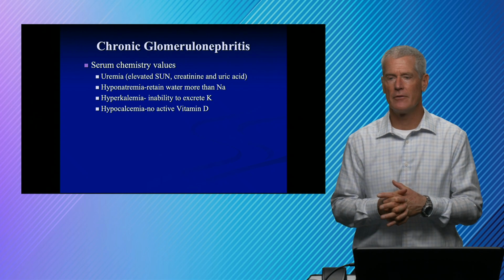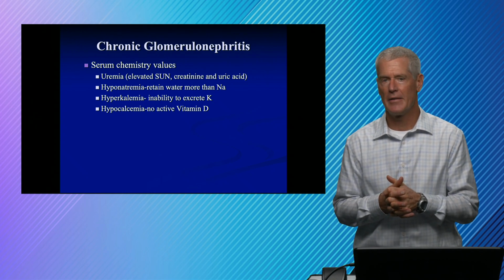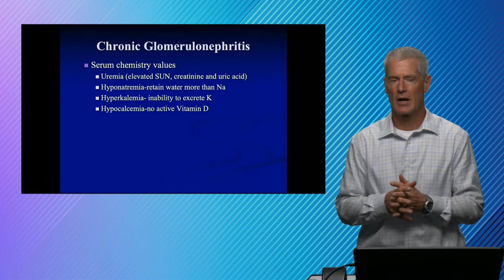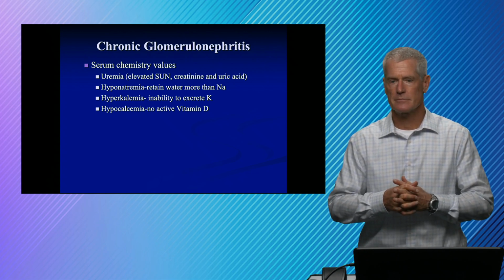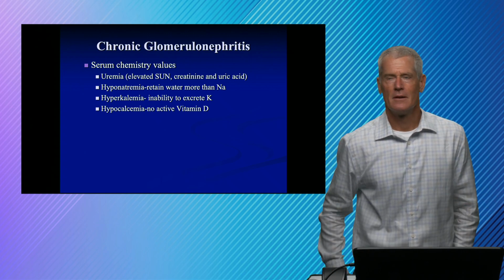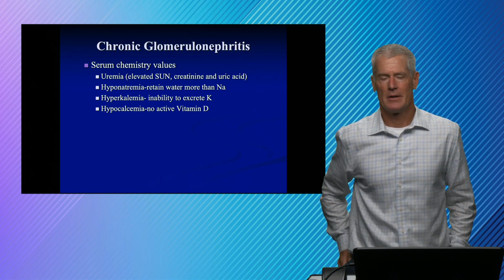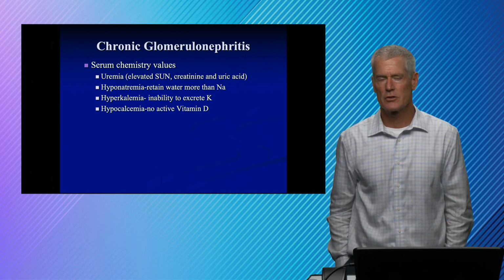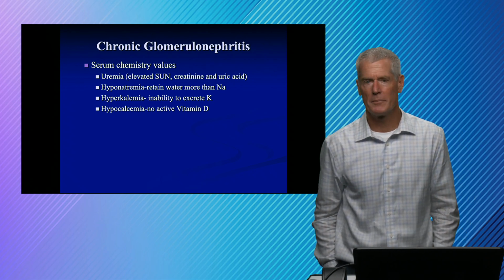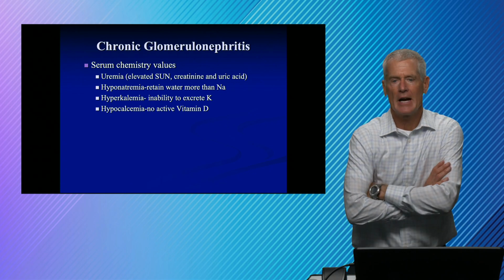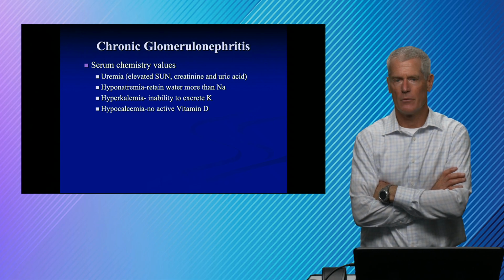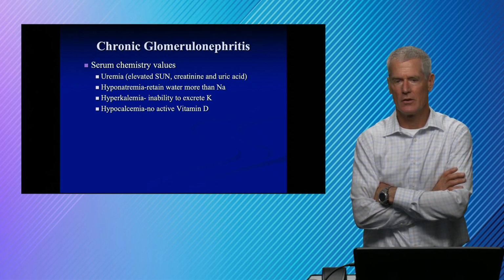Hypocalcemia because of no active vitamin D. The mechanism behind that is that vitamin D is sequentially hydroxylated in the kidney, and the mechanism for activation of vitamin D is a sequential hydroxylation, a 25 hydroxylation, and then the kidney puts a hydroxyl group in the 1 position to form 1,25 dihydroxyvitamin D, which is the active hormone that has an effect on increasing calcium.